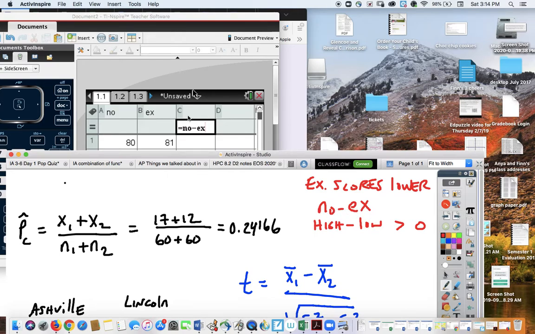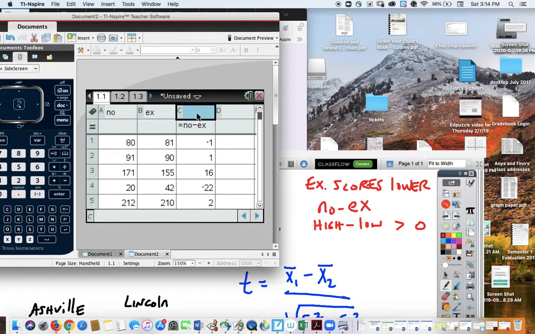You don't have to do it that way, it's just a lot of people do. And then up here I'm going to call it, don't call it the same thing you've been using, like, I know I've done diff before and I've done D before, so I think I'm going to do difference. Maybe not.